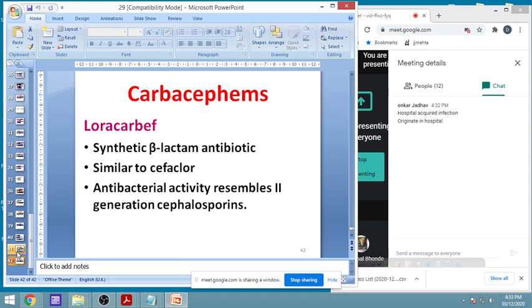Suppose somebody is going for maybe a gastric ulcer or something and is admitted, and the patient then gets another kind of infection. These are called nosocomial infections. So the person actually gets the infection because of his admission or his reaching the hospital. So these are the nosocomial.